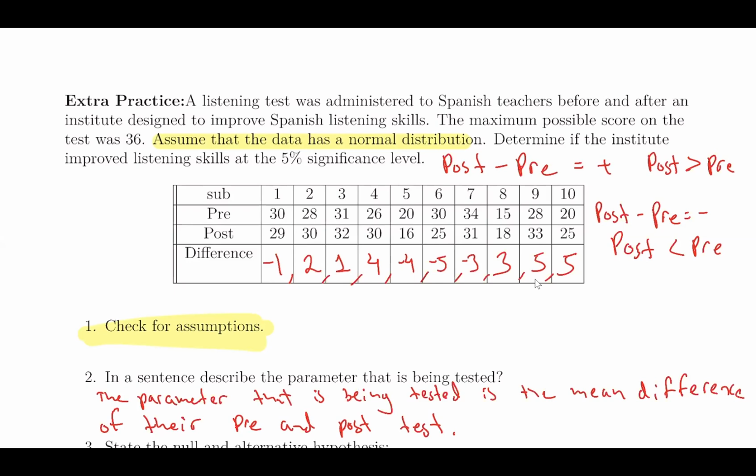Because we don't really care what the average of the pre and what the average of the post is. What we care about is how much of a difference there was between the pre and the post. So did the score improve by like 2, 3, 5 points? Or did it actually go down by 2, 3, or 5 points? Because that's what the difference is telling me. It's telling me how much better they did in the post or how much worse they did in the post. All right. But everybody go for number 2.